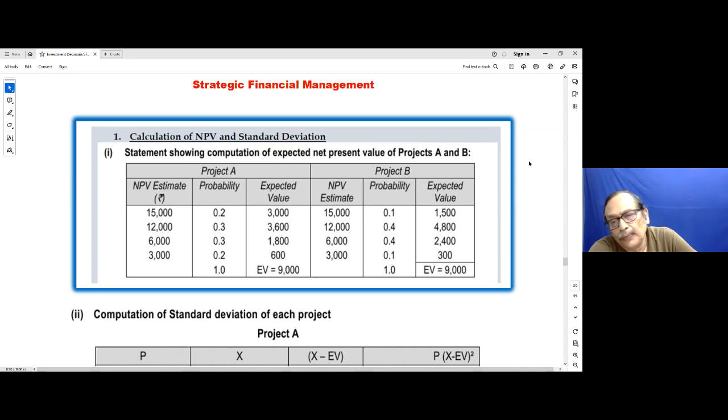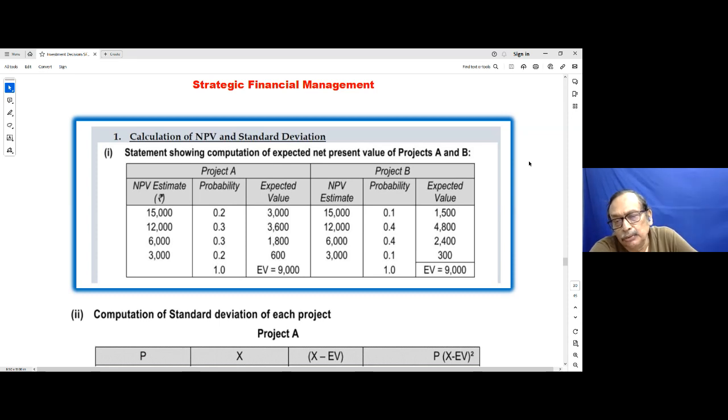And if you look, the expected value for project A and project B are the same. Hence, if this is a mutually exclusive project, we could select either project, but if there is risk and uncertainty, then the expected value decision alone cannot justify which project is to be selected.